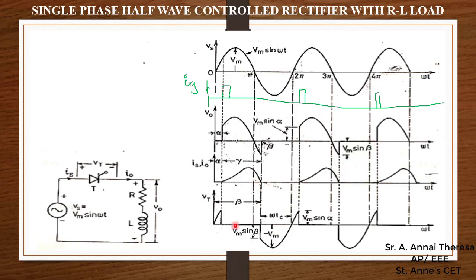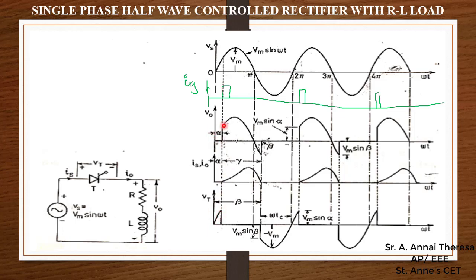If you see the voltage across the thyristor, as I said already in the previous video for R load, whenever there is no conduction of the thyristor, there will be a voltage drop across the thyristor. See here, no output voltage because the thyristor is not conducting. When the thyristor is not conducting, there will be a voltage drop.